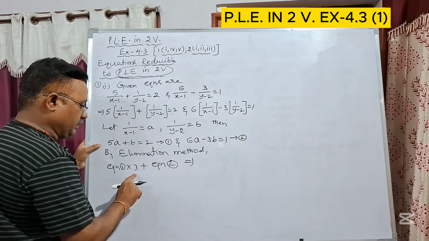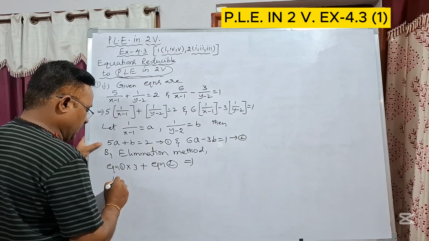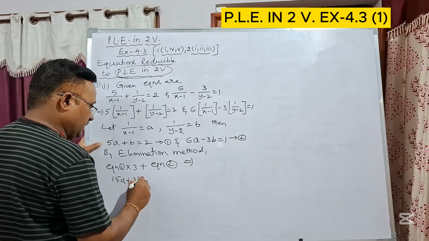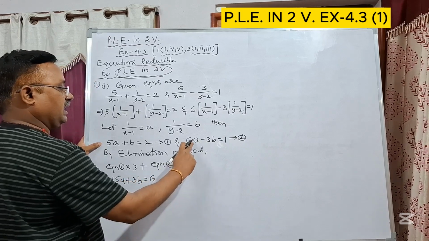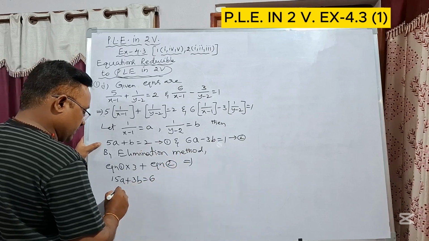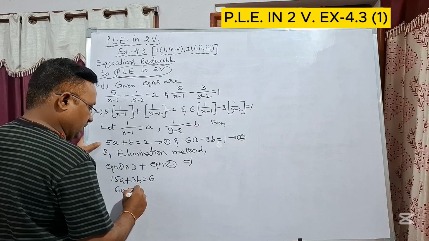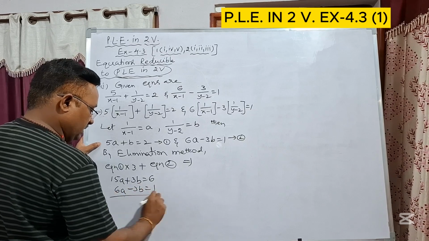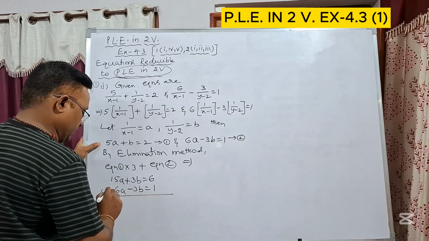These total terms will be multiplied by 3, that is 15a plus 3b equal to 6, and the second equation as it is, no extra calculations: 6a minus 3b equal to 1. They are coming under addition.